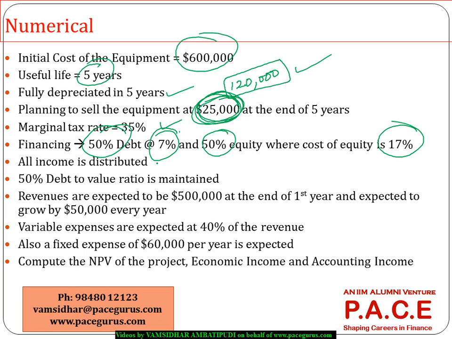And we are also making an assumption that all the income, because at the end of 5 years the project is closed, all the income is distributed to the lenders as well as equity investors in the form of dividend, and at every year the company is maintaining a 50% debt to value ratio. We'll use these things. We may not use all these things as a part of computation of the economic income, but the same example I'll use even for computing economic profit, residual income.